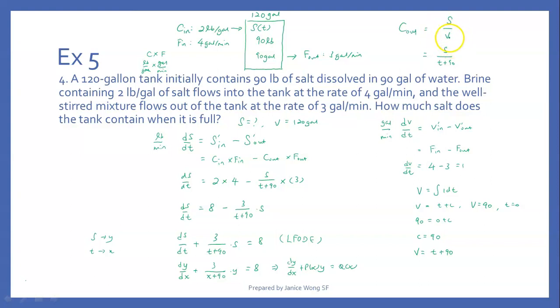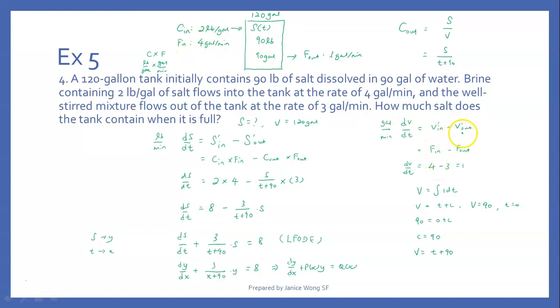For the volume function, the volume in this tank is changing. So we need to form volume function. dV over dt equals to V prime in minus V prime out. dV over dt, the unit is in gallon per minute in this case. Look at the inlet. We have a value in gallon per minute, which is flow rate, F in.